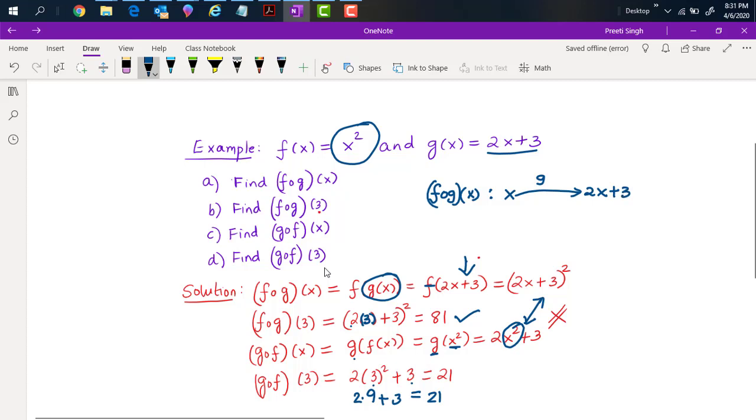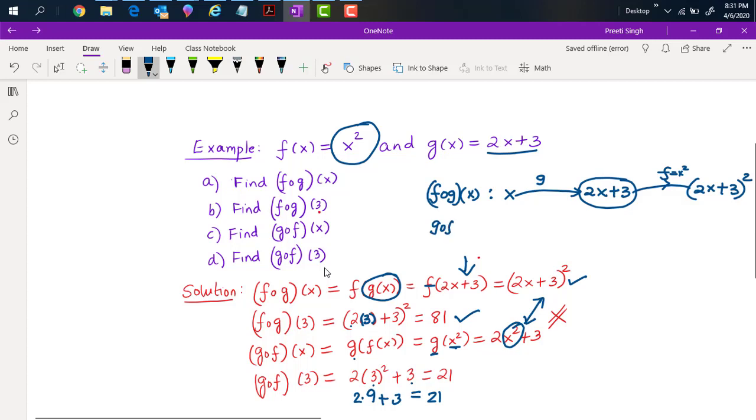My output for g is 2x plus 3. Now I apply f on this 2x plus 3. And what does my f do? F squares everything, right? F is just squaring anything. So if I apply f on this particular input, it's going to square this. So this becomes (2x plus 3) whole squared, right? So this is my FOG, and that's what I calculated here.